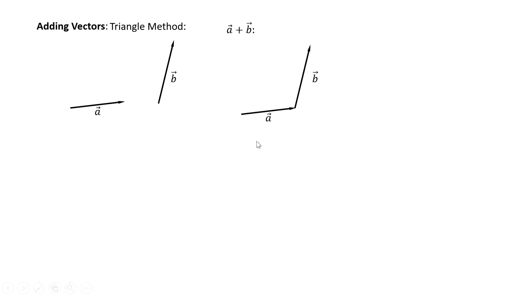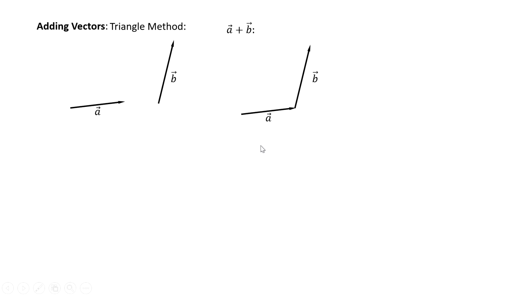When you do that, from the tail of A to the head of B, that would automatically be A plus B. Cool? I wonder why they call this the triangle method. Duh! Once we do this addition, we get a triangle, right? As simple as that. So this is the triangle method.